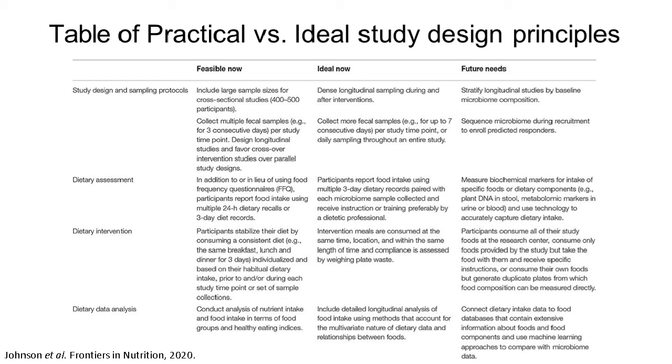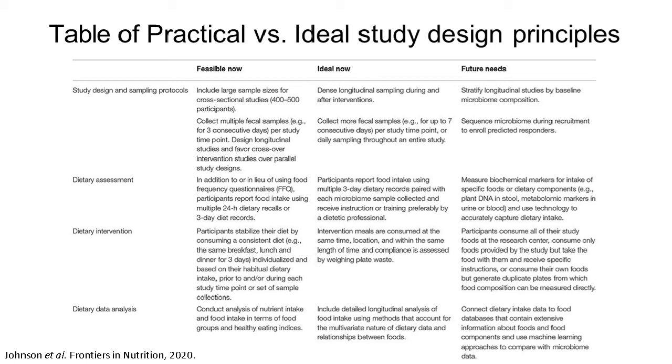And then we have some recommendations for dietary analysis that you could dig into too. But really, it comes down to some of the things I showed earlier. Just looking at these conventional nutrients is probably not going to cut it for microbiome. So we should be looking at specifically foods and food groups, and maybe dietary patterns or healthy eating indices.